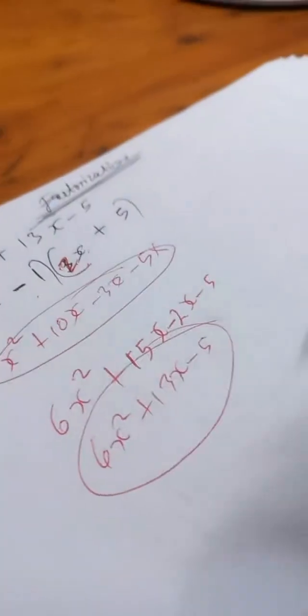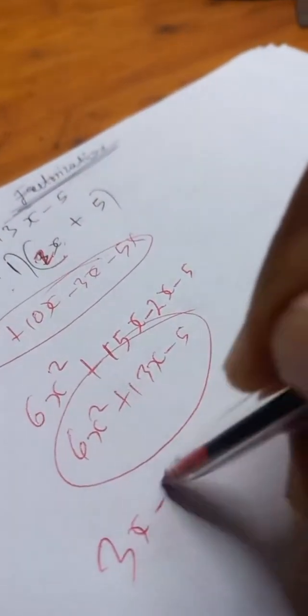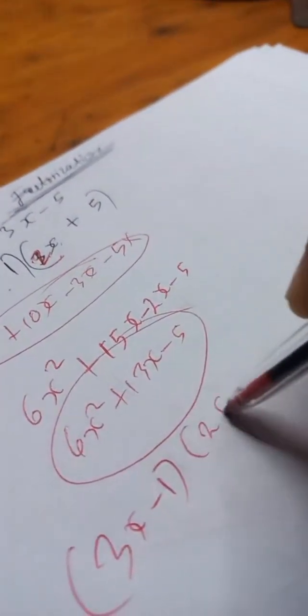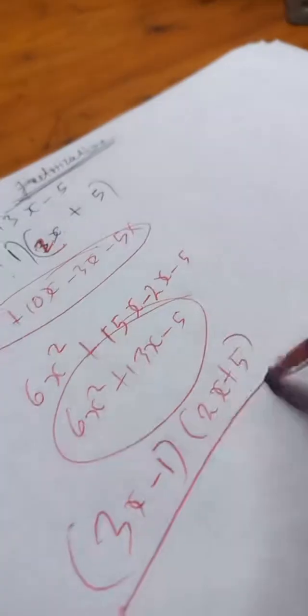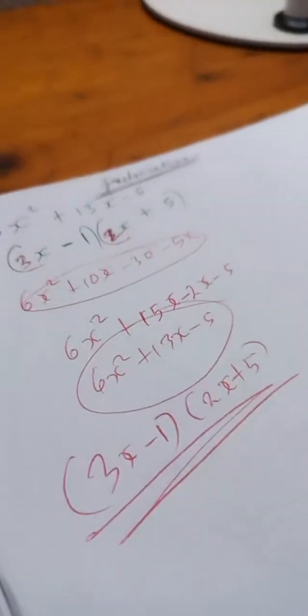So our factorization must be 3x minus 1, 2x plus 5, like this.